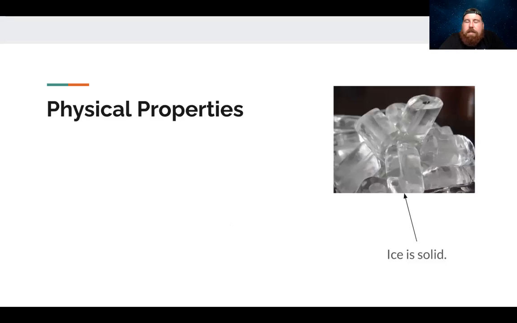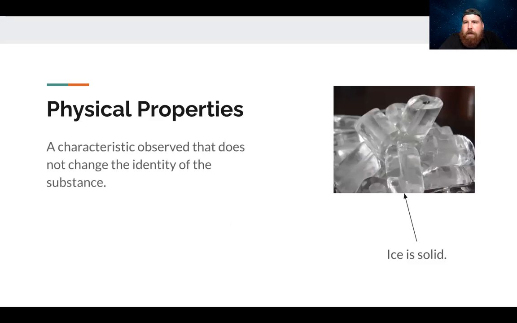The first one is a physical property. So, for example, ice is solid. That is an example of a physical property. A physical property is a characteristic observed that does not change the identity of the substance. So, when I say that my ice is solid, I am observing that characteristic about ice.